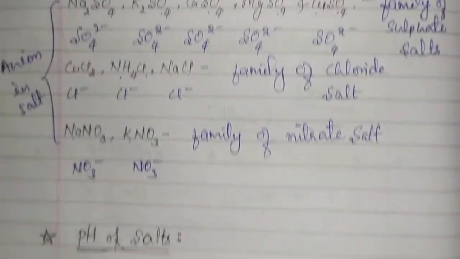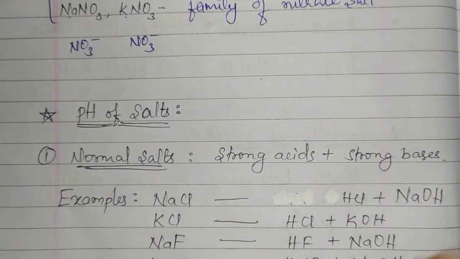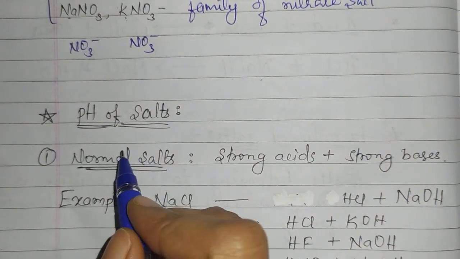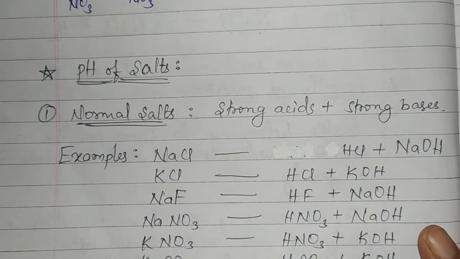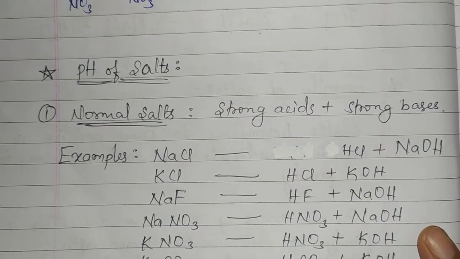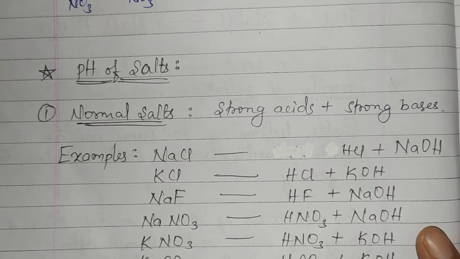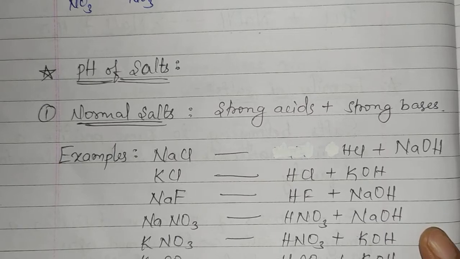Let us see what is the pH of the salts. When we measure the pH of these salts, on the basis of the pH they can be categorized into three categories: normal salts, acidic salts, basic salts. Let us see one by one.